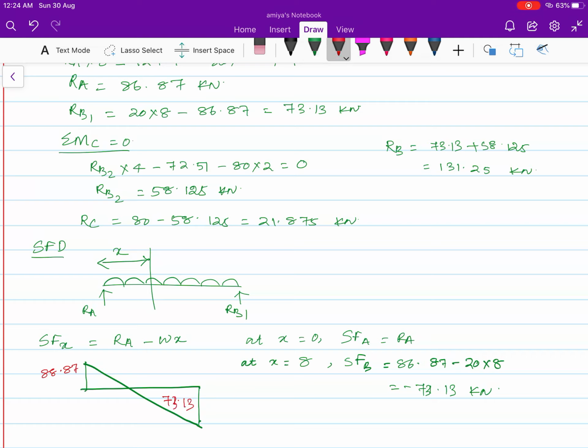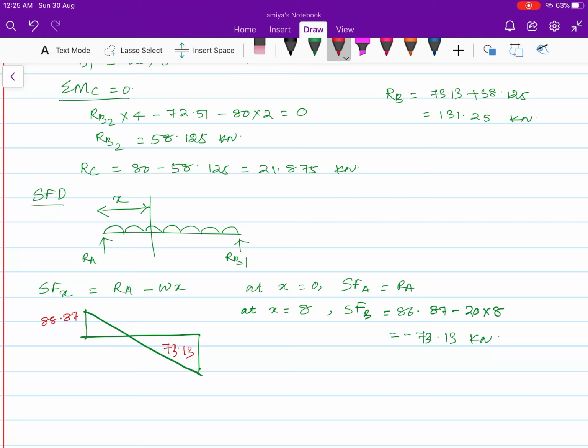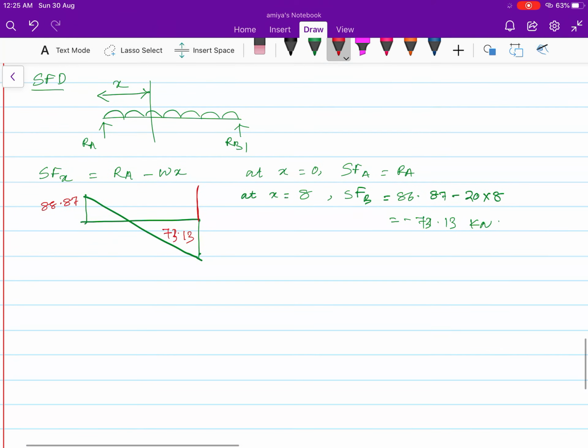Similarly, for the right hand side, we have 58.125, which will go like this. If I draw for the total, it is 86.87 and at this point it is 73.13.